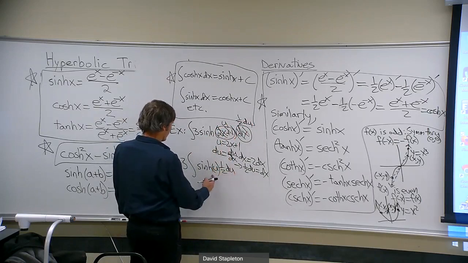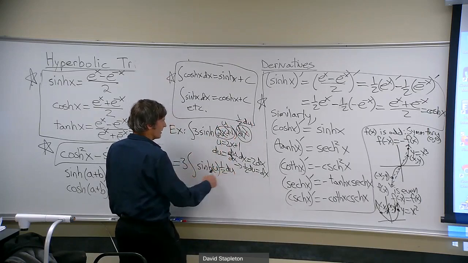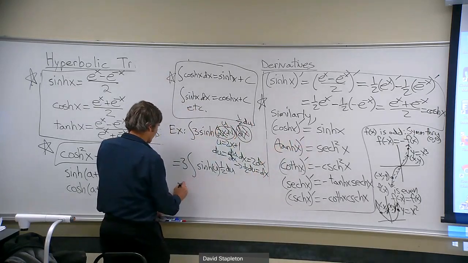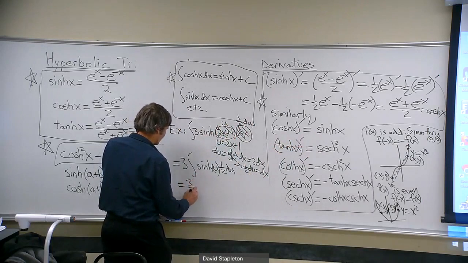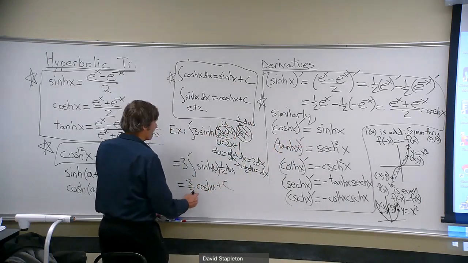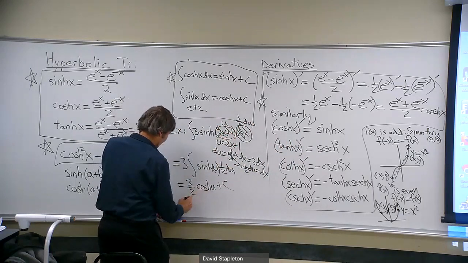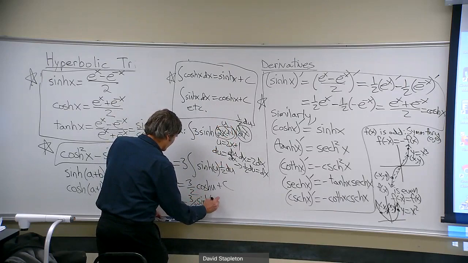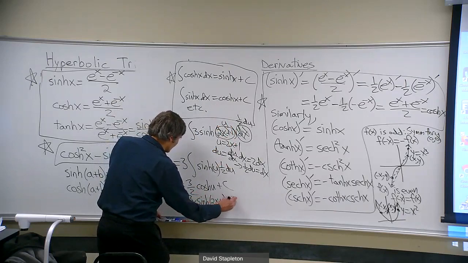There it is. Now the integral of hyperbolic sine is hyperbolic cosine, because remember, sinh is the derivative of cosh. So this must be 3/2 times the integral of sinh u, which is cosh u plus a constant when I drop the integral sign. And then u I have to put back was 2x plus 1, so it's 3/2 cosh of 2x plus 1 plus an arbitrary constant.